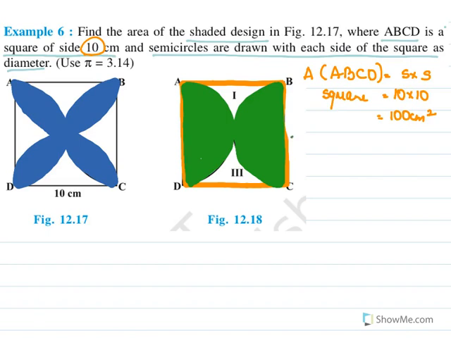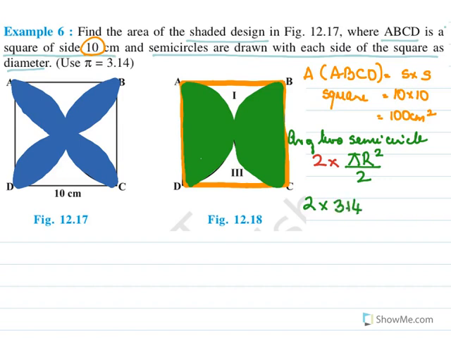So in step 2, we do area of 2 semicircles. 2 semicircles means 2 into, we know semicircle is area of circle, pi r square divided by 2. Now we put the values here. We have 2 into pi is 3.14. They've asked us to take pi as 3.14.